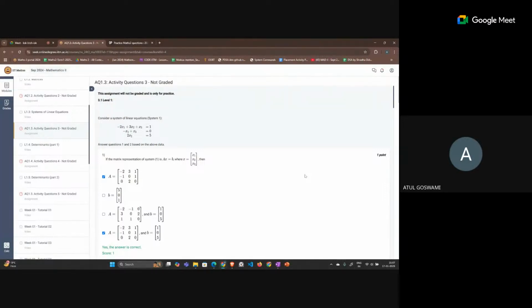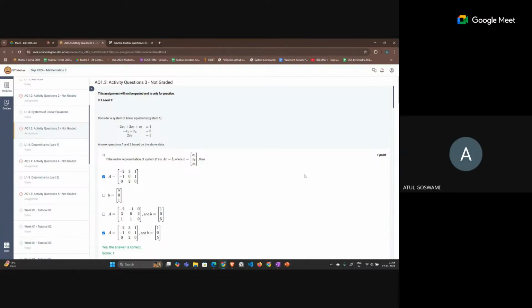And what is x3? x3 is x1 from the second equation, right? x3 is equal to x1. Is that clear? Yeah. So now you have x3, which is x1, and now you have x2, which is 5 by 2. You can take the values of x2 and x3 and put them in equation number 1.